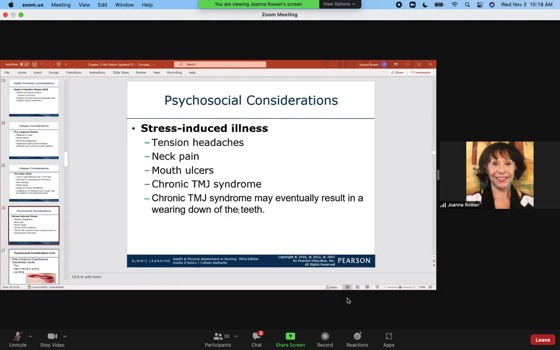TMJ, what is that? I think it's grinding of the teeth that will lead to chronic TMJ. You know, when the person during sleep kind of grinds their teeth, that will lead to chronic TMJ syndrome. And eventually, when the person gets TMJ syndrome, they wear down their teeth.